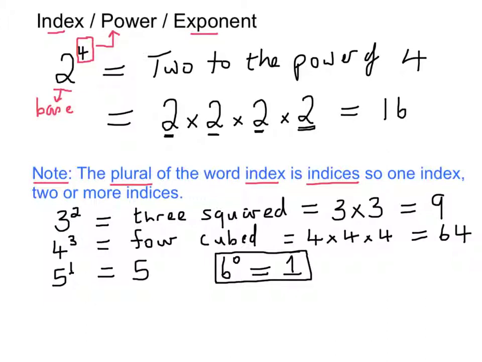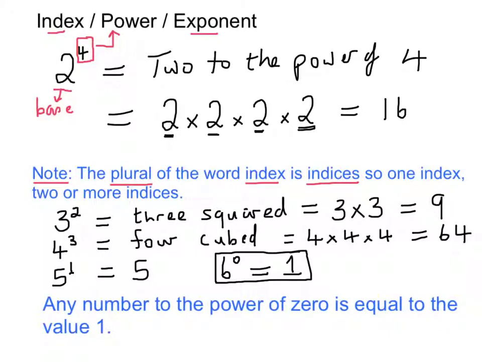So let me write that down for you. Any number to the power of 0 is equal to 1. We can write this as x, to stand for any number, to the power of 0 is equal to the value 1.